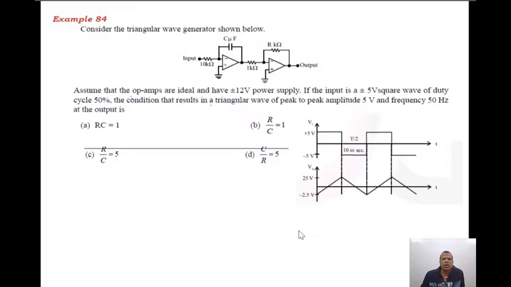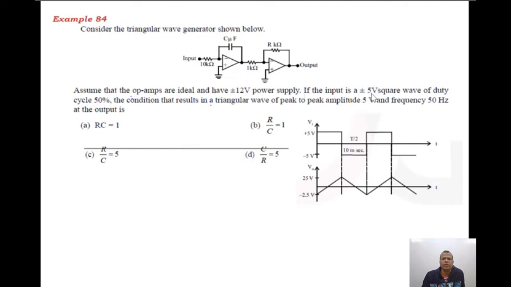Now let us see an example based on a triangular wave generator. This is the question. Consider the triangular wave generator shown in the figure below. This is the circuit given to you, where we have an integrator followed by an inverter circuit. Assume that the op amps are ideal and have plus minus 12 volt power supply.